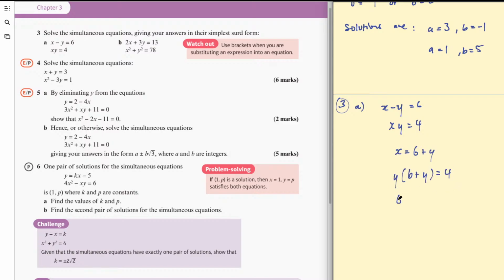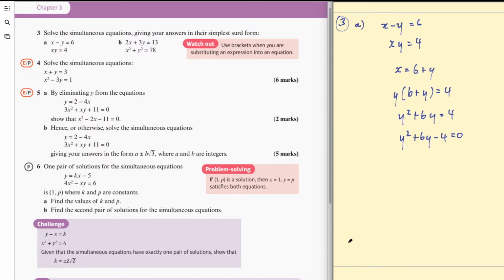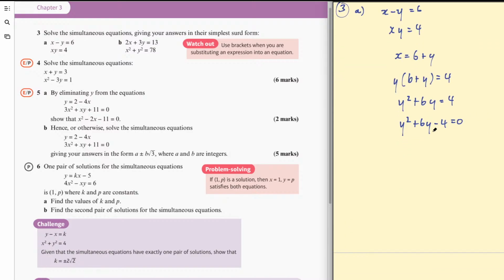And then 6y, actually let's write it around the other way. y squared plus 6y equal to 4. And then y squared plus 6y take 4 equal to 0. Yes, they are flying by. And then so this is not going to factorize, so we could solve this either with the quadratic formula or completing the square.